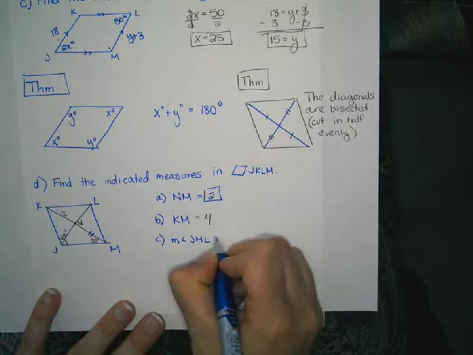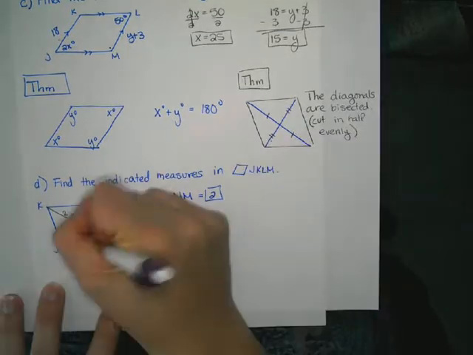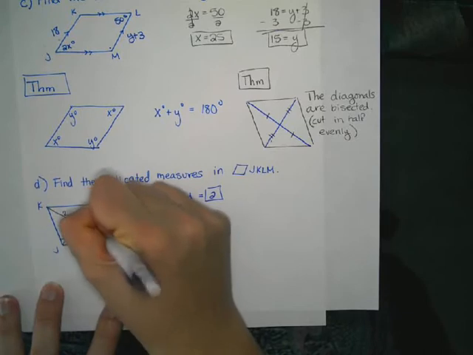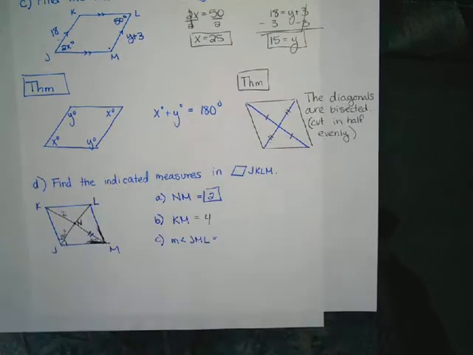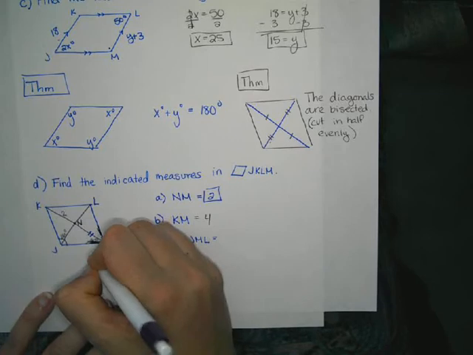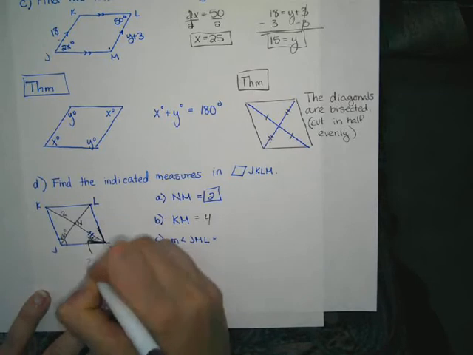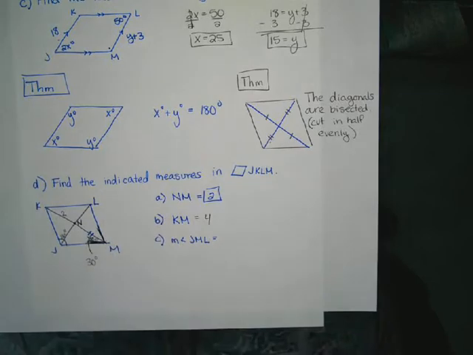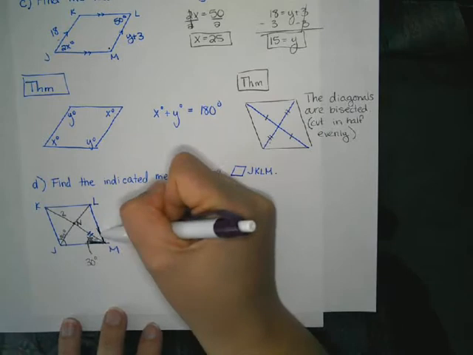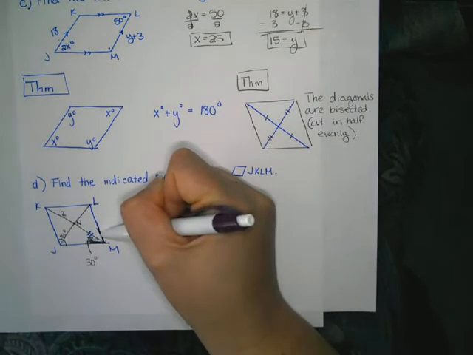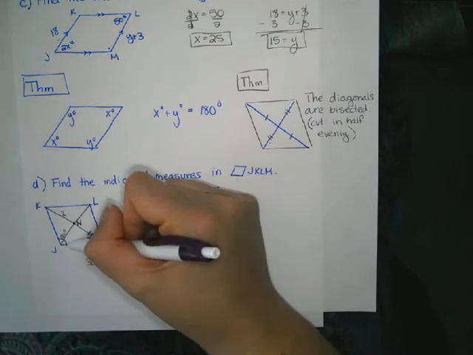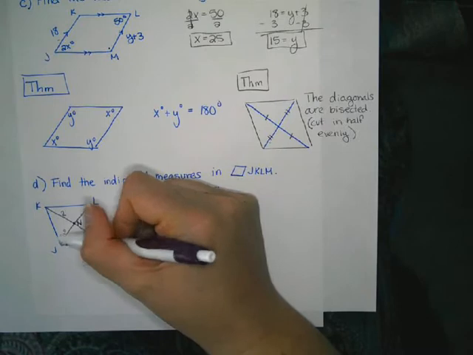You know that this whole angle over here is 110. So if this whole thing is 110, what should this little guy be? And how do I figure it out? I heard it. They're supplementary. So I should have 180 minus 110. What does that equal? 70 degrees. So this is 110, and this whole thing right here should be 70 degrees.